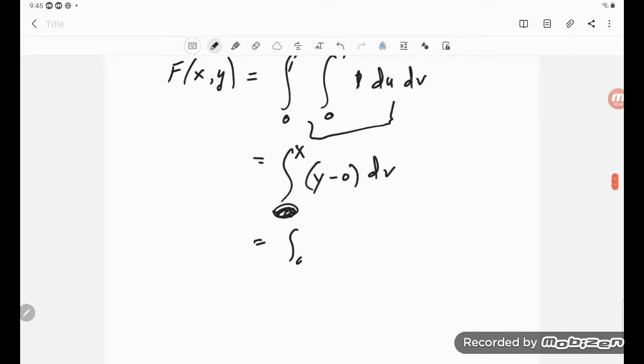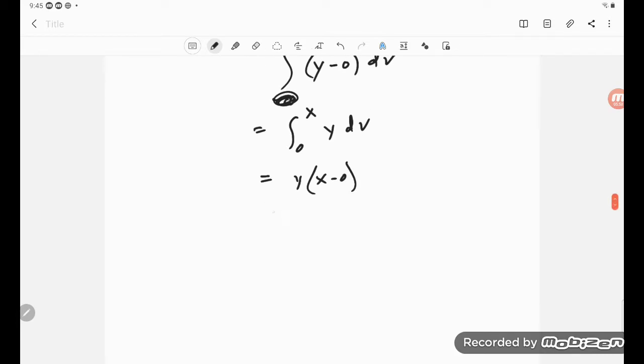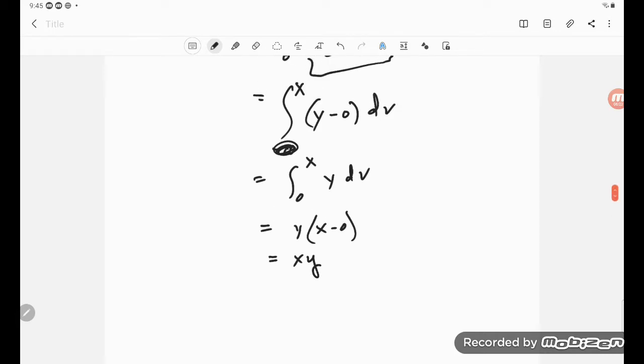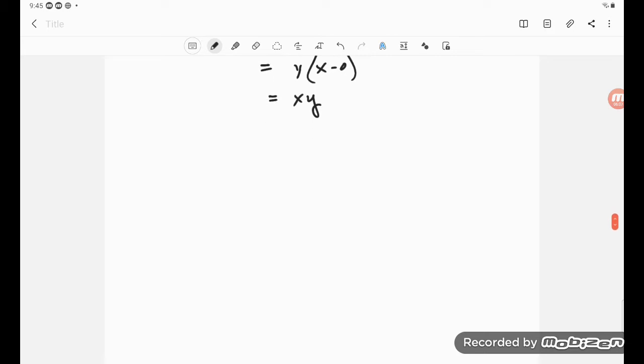So that's the integral from 0 to x of y dv. And so then I integrate again, and I just get y times x minus 0. And so that's x times y. Okay. Whew, man, that was a lot of work for something pretty simple.